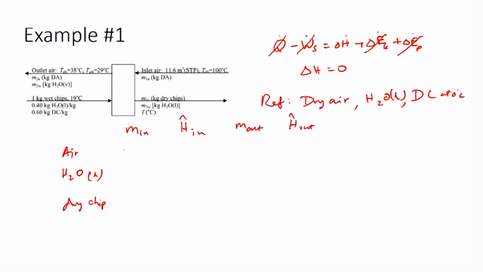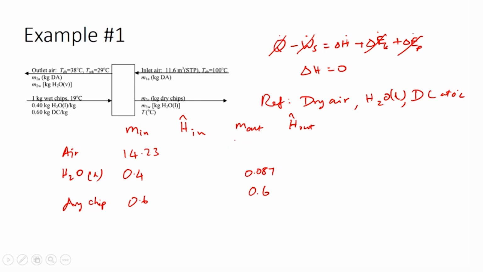Mass of air entering is 14.23 kilograms, water liquid entering along with the wet chips is 0.4 kilograms and dry chip is 0.6 kilograms. The mass of dry chip does not change, it still remains 0.6. Mass of water liquid leaving with the wood chips would be 0.087 based on the material balance calculations.